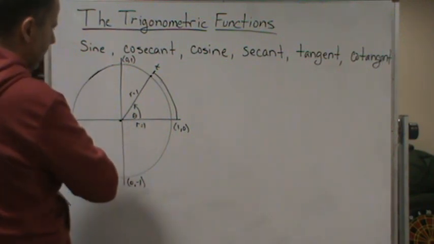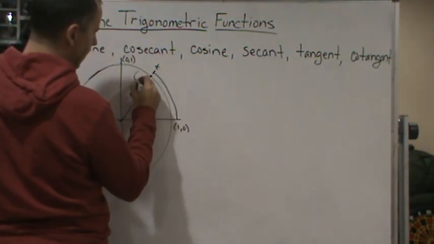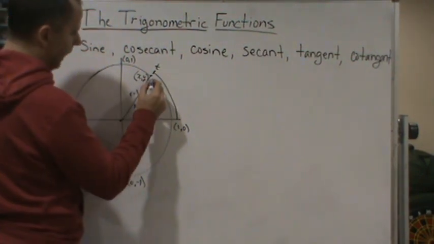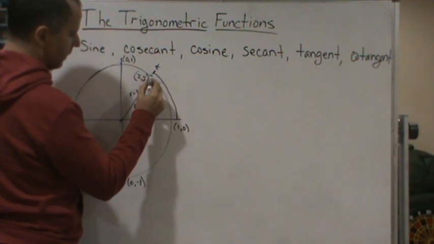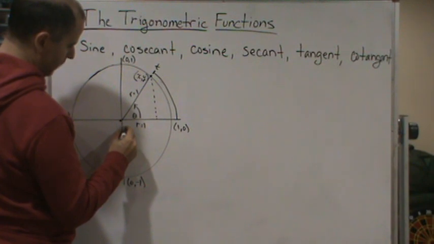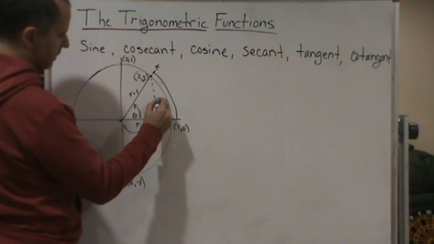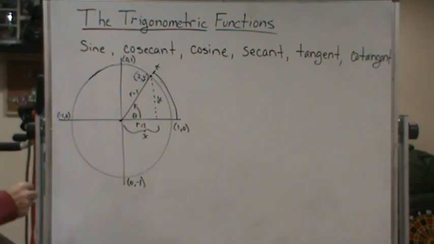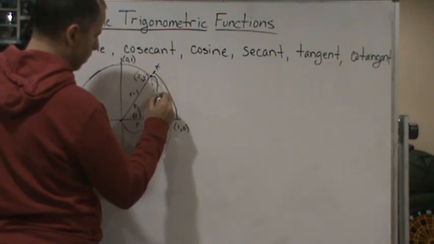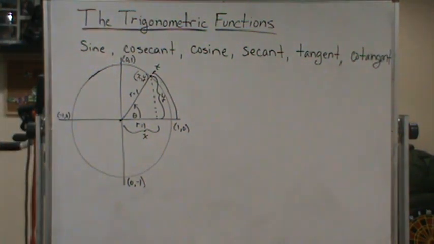And then obviously each point also represents an xy variable, where the x is the horizontal distance, so this would be x, and the vertical distance is y.